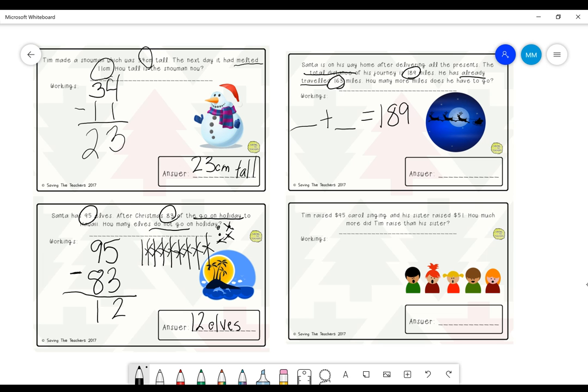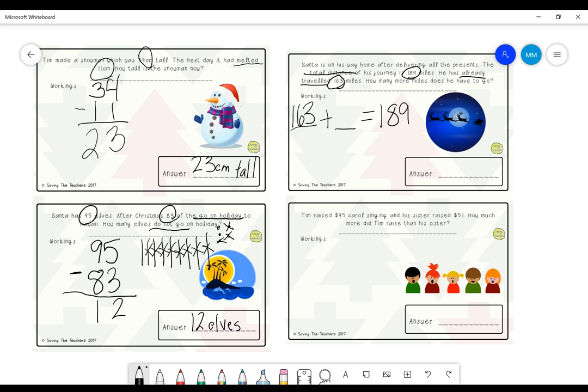We know our whole number is 189. We know that the part that we do know is that he has traveled 163 miles. Altogether, he has traveled 189 miles, but he still has some miles to go.